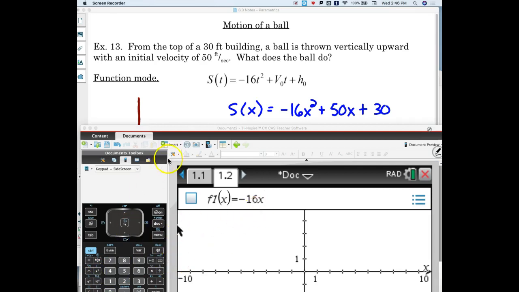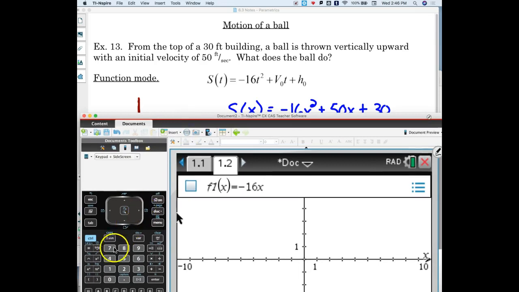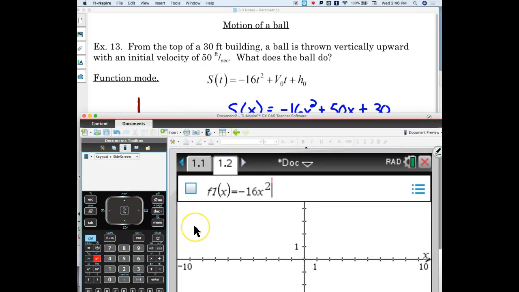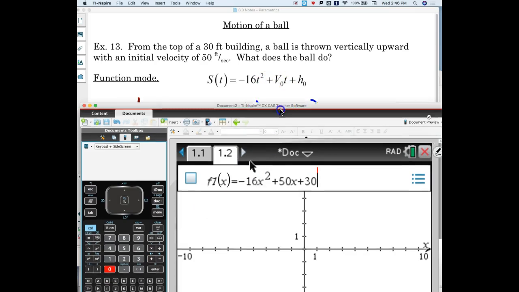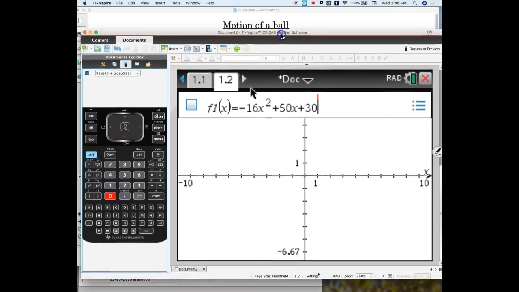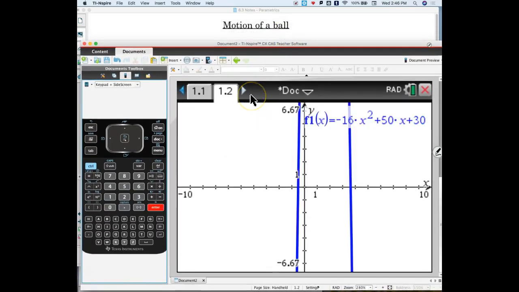Oops, that didn't work out so well for me. There's the squared. Now I can see it. Negative 16x squared plus 50x plus 30. Even though those would normally have been t's, we originally made them x's because we knew we were going to come into this one. And I get this. So let's adjust our window to fit that one.